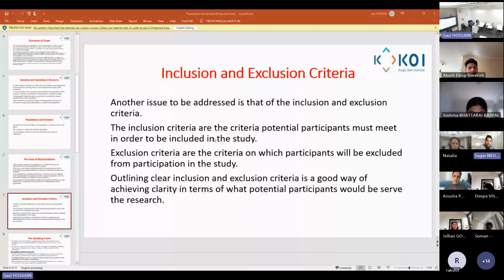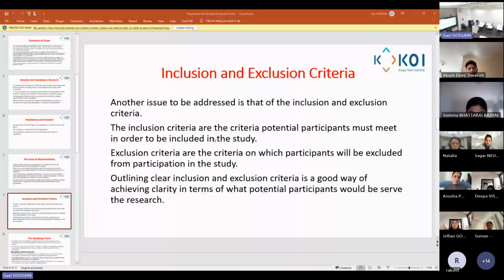Do we have an age limit on this one? Sometimes we do have an age limit. For example, we want to collect data from bank managers who have been working as a manager for the last 5 years. So, though you are a bank manager, if you have been working for the last 2 years, you will be excluded from our research.